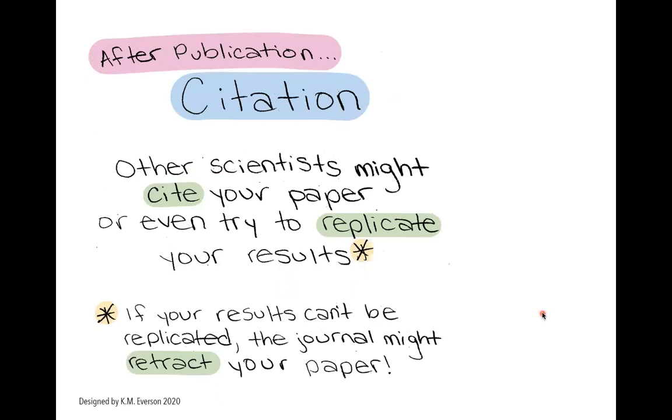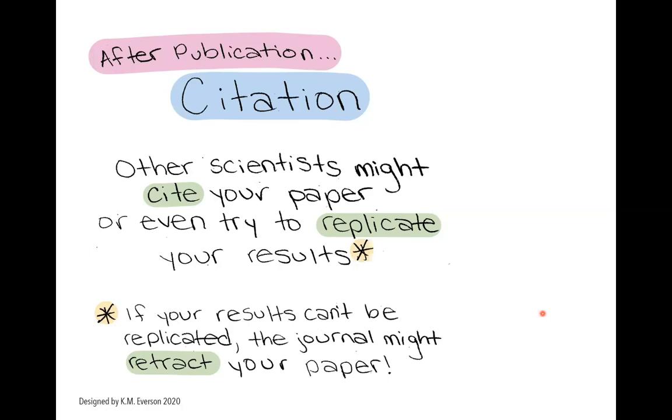After you publish, hopefully you get a lot of citations, right? If no one cites your paper, then chances are your paper wasn't that impactful, right? If you get a bunch of citations, that means the stuff you're doing is relevant and is informative to a lot of other scientists.